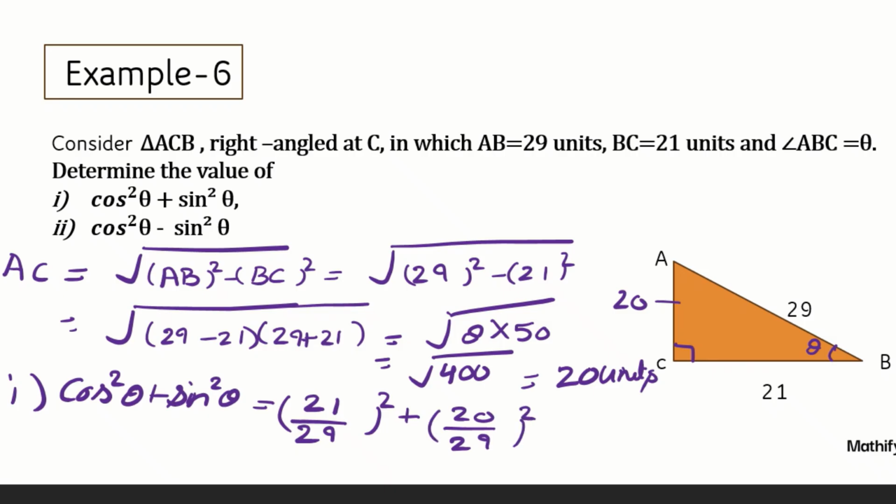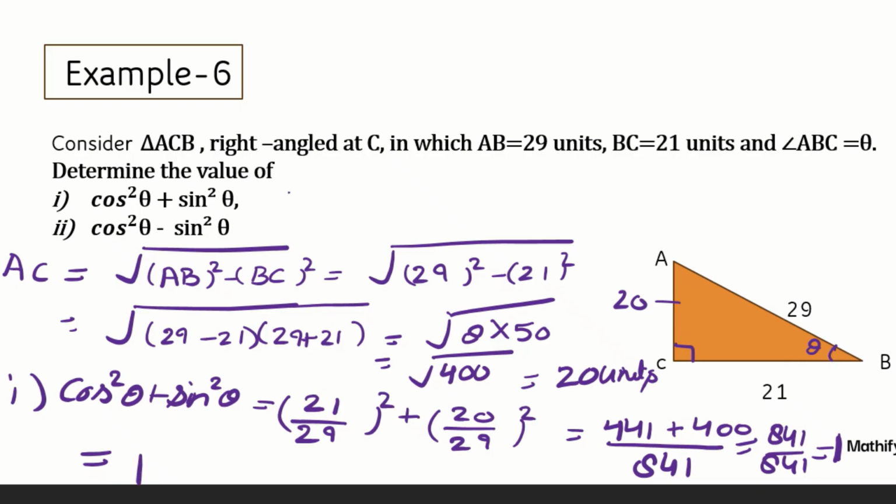Squaring, 21 square is 441 and 20 square is 400, over 29 square is 841. It will give you 841 over 841, which is 1. So cos squared theta plus sin squared theta is equal to 1.